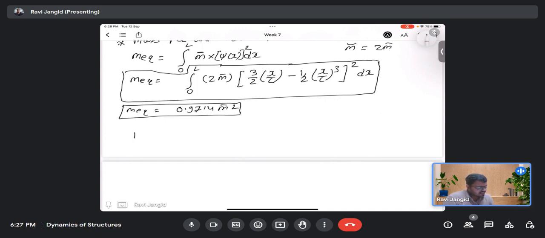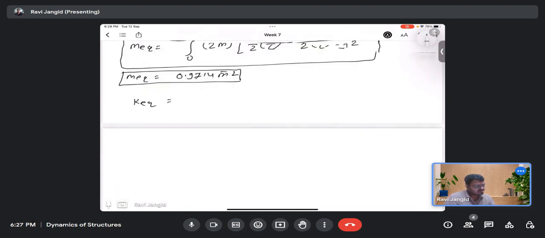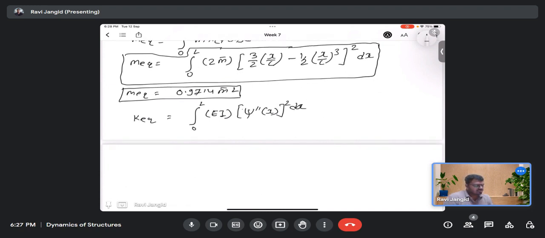So what is the k equivalent? To find out the k equivalent, that is integral 0 to L of EI into double derivative of the shape function squared into dx. Here we have two columns, so that would become 2EI.